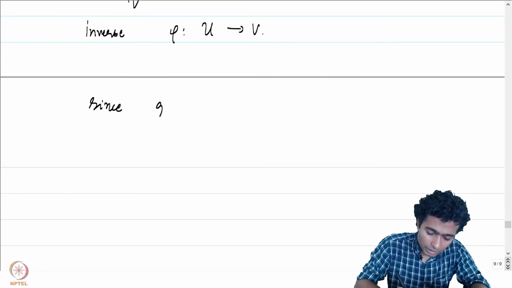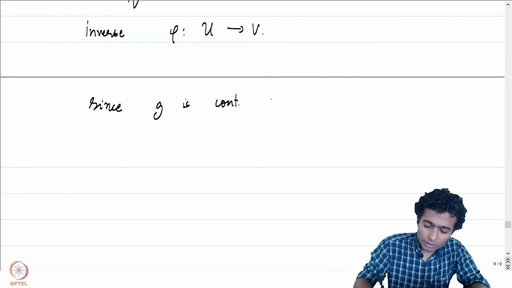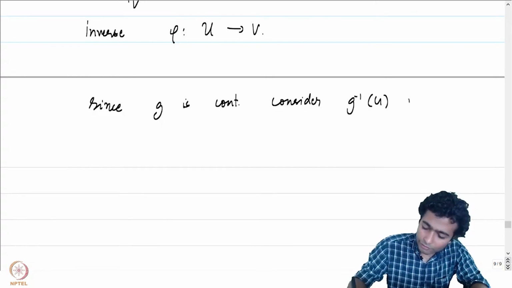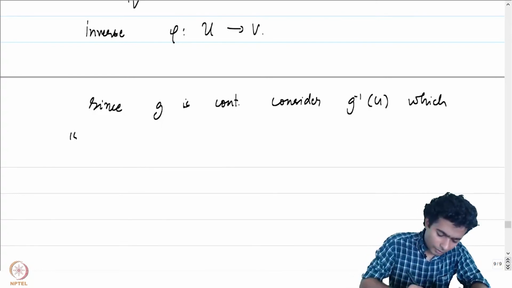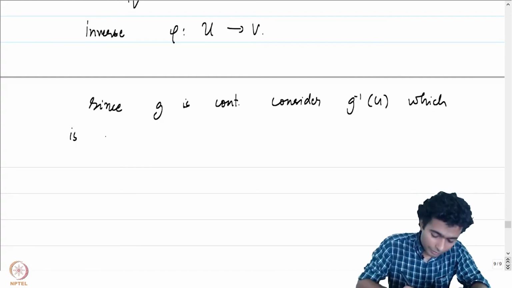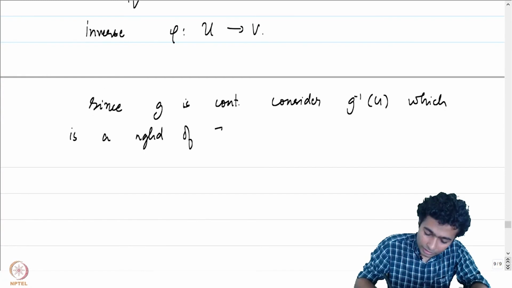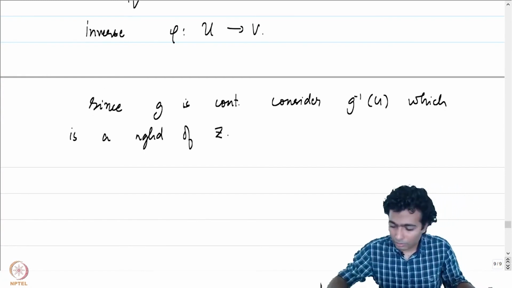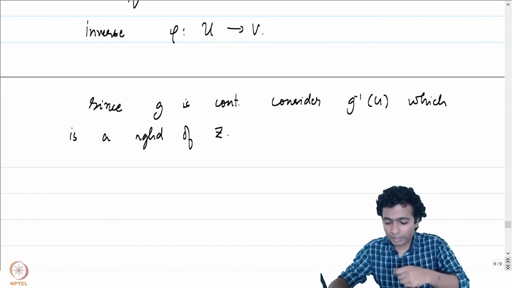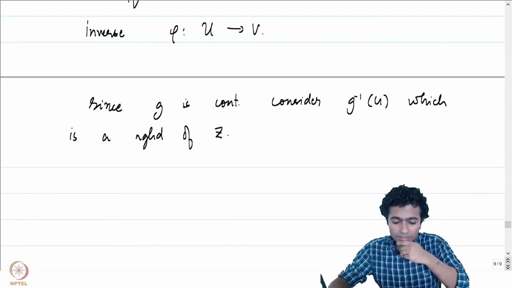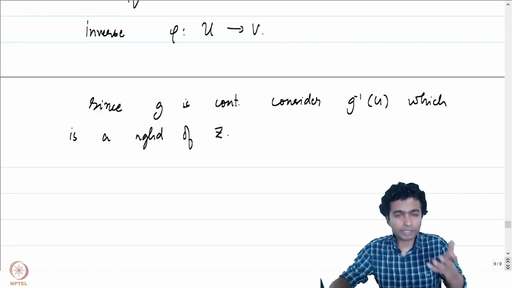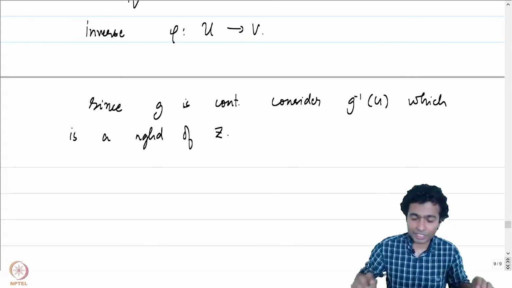Since G is continuous, G inverse of U is an open set, which is in fact a neighborhood of z. Why is that the case? Because G inverse of U is an open set, and in particular it contains z. This is the exact reason why it's a neighborhood.